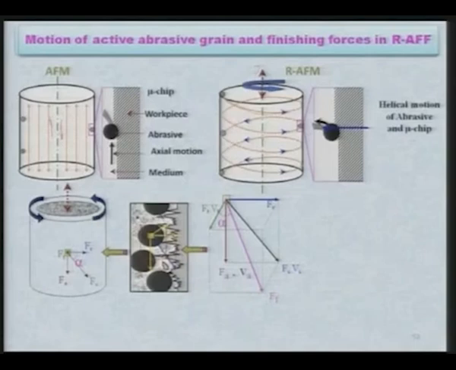When it is following the spiral motion, then the total length of interaction between the abrasive particle and the workpiece increases substantially as compared to the normal AFM process.